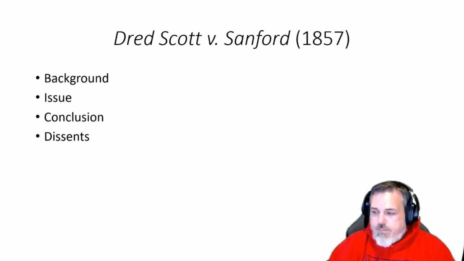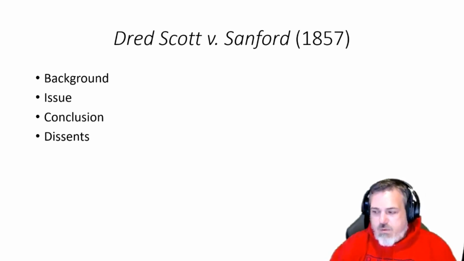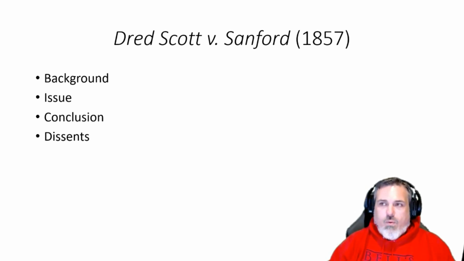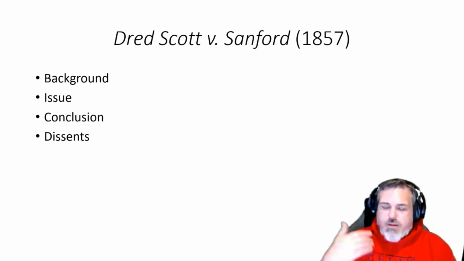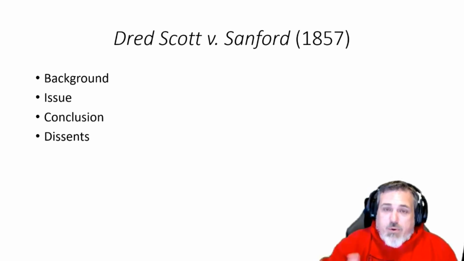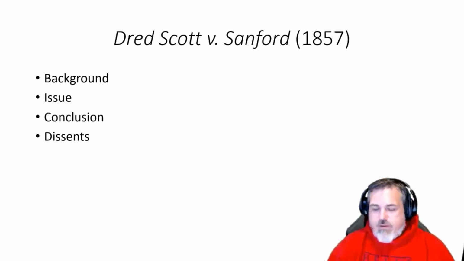They even argue that amongst the founders, the idea that African Americans were, quote, not agreeable members of society, while it was a majority opinion at the time, was not the only opinion at the time. There were numerous individuals who we would consider founders who saw that view as exceedingly distasteful. And so what it boils down to is that assumption is more a matter of opinion than law, because there was no uniform belief of the founders at the time the Constitution was written.